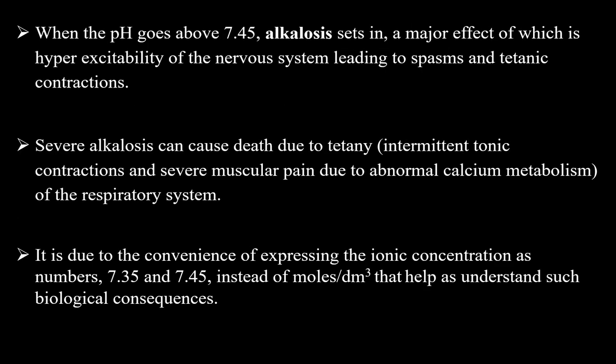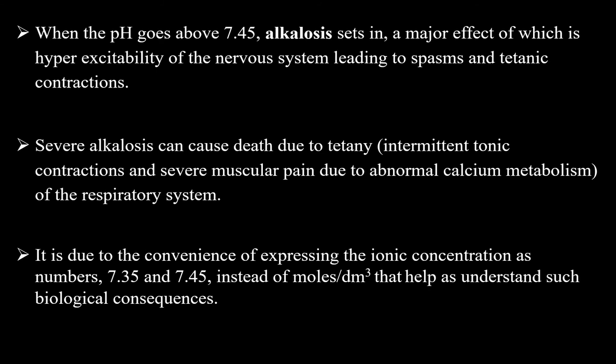When the pH goes above 7.45, alkalosis sets in, a major effect of which is hyperexcitability of the nervous system leading to spasm and tetanic contraction, that is bending of the muscles. Severe alkalosis can cause death due to tetany, that is intermittent tonic contraction, and severe muscular pains due to abnormal calcium metabolism of the respiratory system.